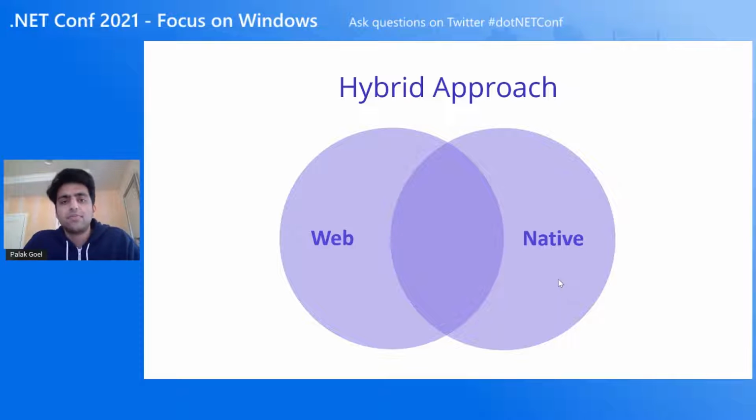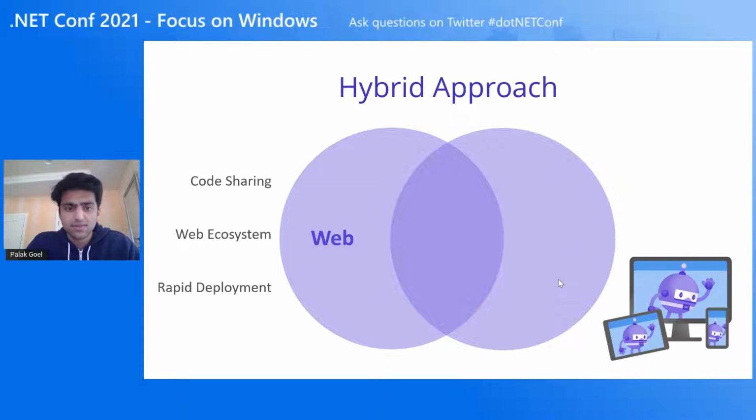So let's zoom out a little bit. Oftentimes when we're creating a new application, we have to decide what technologies we want to use. Do we want to use web technologies or native technologies? It's a hard choice because there are so many advantages to both. Some of the advantages to a web-based stack are easy code sharing.